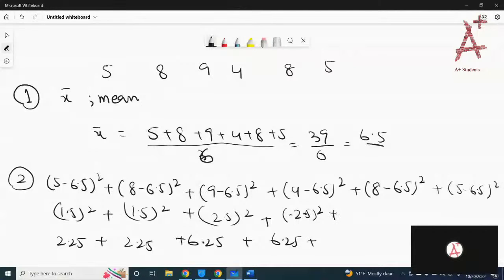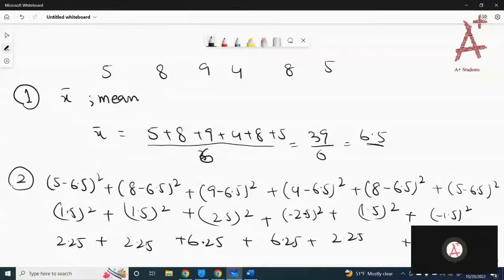Then 8 minus 6.5 is 1.5, and 1.5 squared is 2.25. Then again 5 minus 6.5 is negative 1.5, and 1.5 squared is 2.25. Got it?